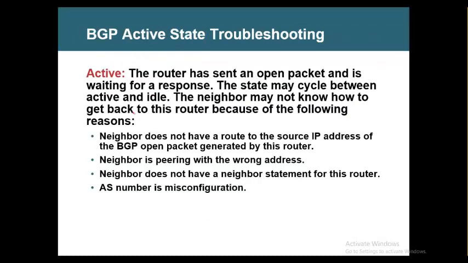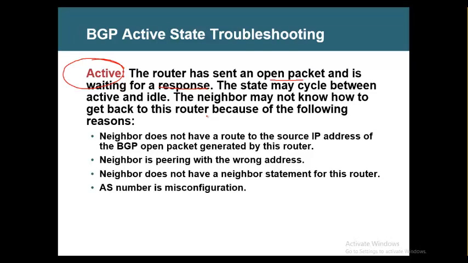So when it is active, what troubleshooting do we have to do? A router has sent an open packet and it is waiting for the three-way handshake to complete. It's waiting for the response. For some reason, the response is not coming. When will you not get a response?